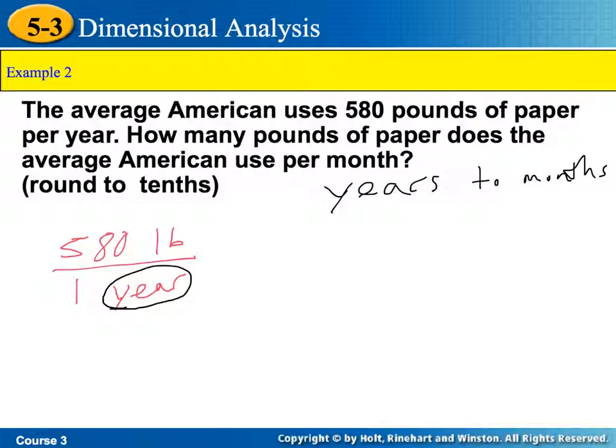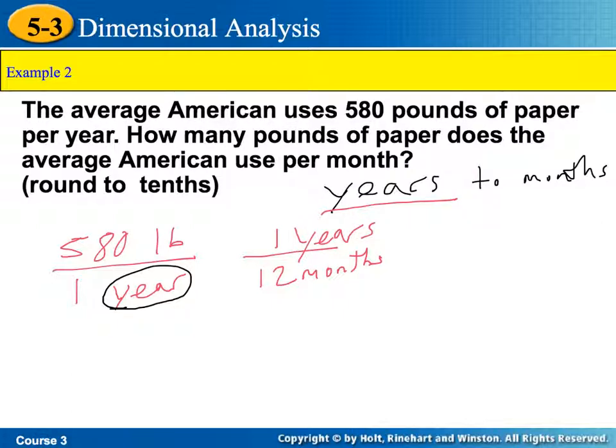Okay? How do I change years to months? Well, how many months are in each year? Well, since years comes first, I have 1 year in 12 months.